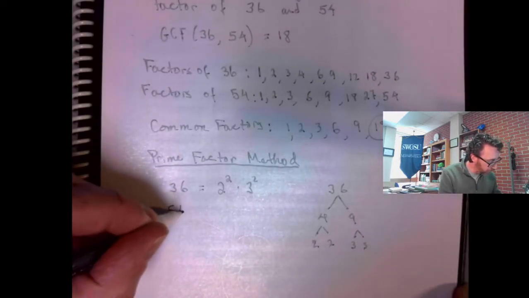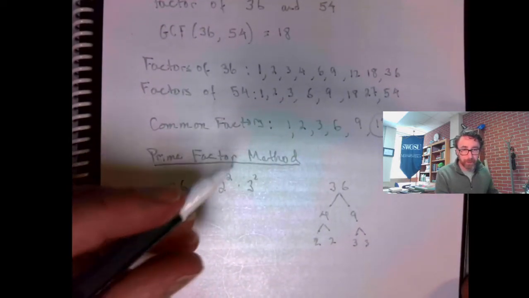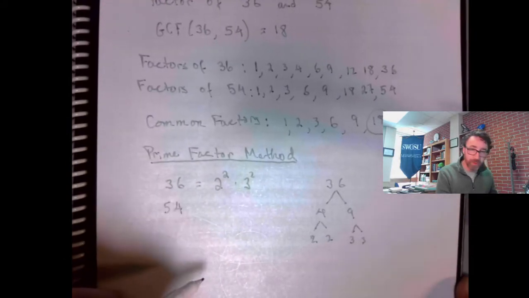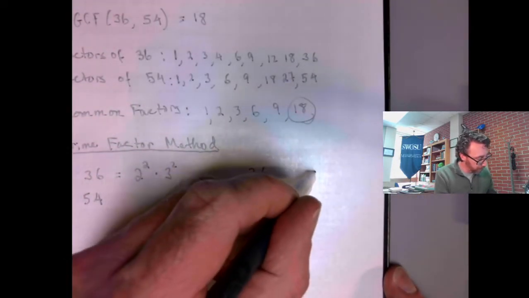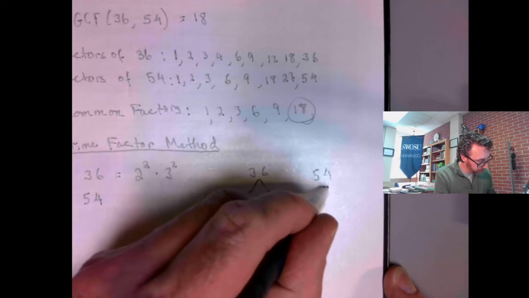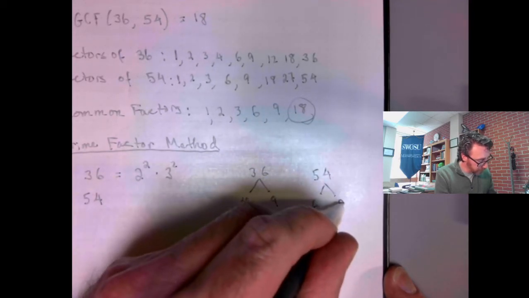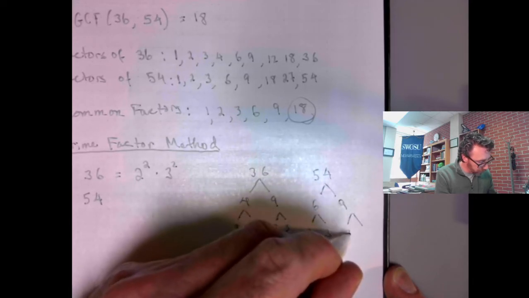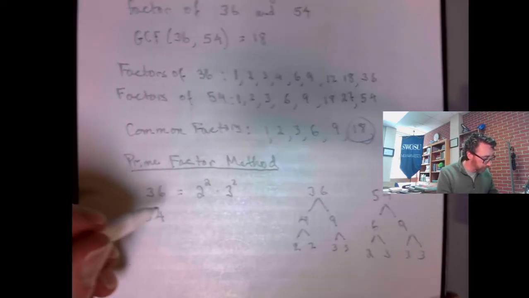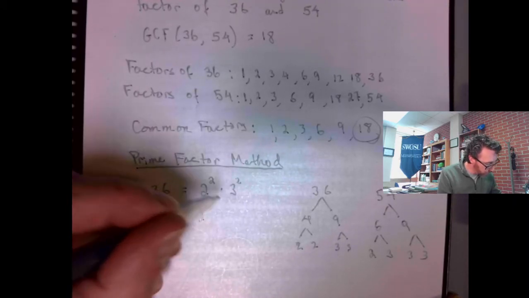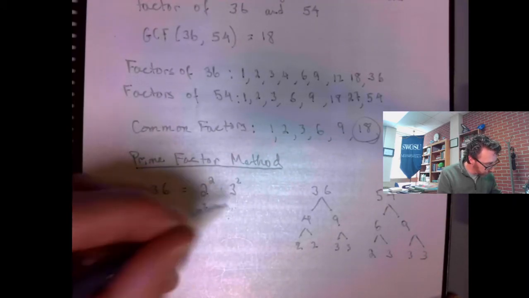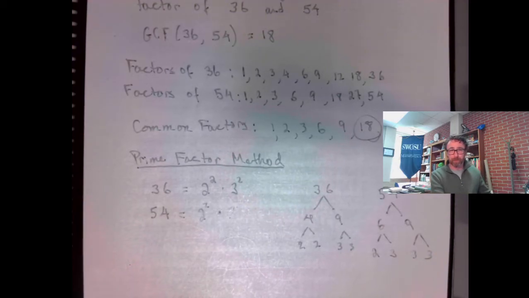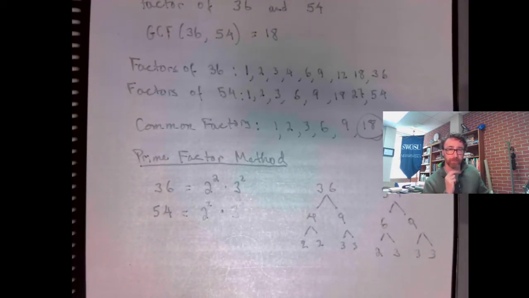Now let's look at 54. We could also do a quick little factor tree for 54. This is 6 times 9, which gives 2, 3, 3, 3. So this is 2 times 3 to the third power. That's the prime factorization of 54.